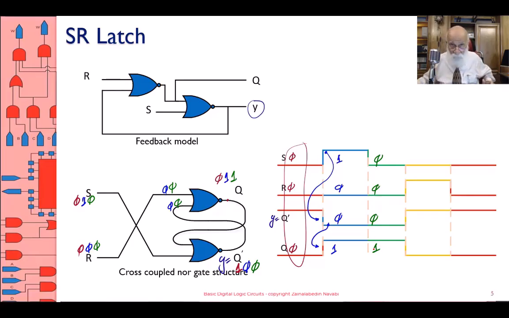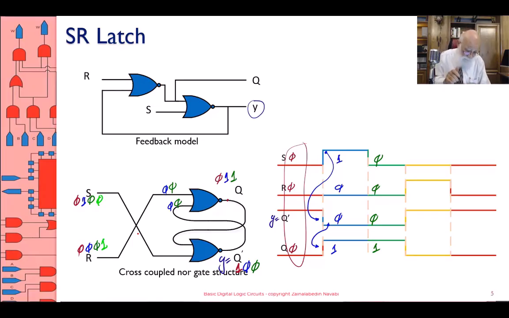Let's go further. What's going to happen now is I'm going to change R to 1. I keep S the same. As soon as I change R to 1, the gate that sees that change is the first one that reacts. Which one sees that?